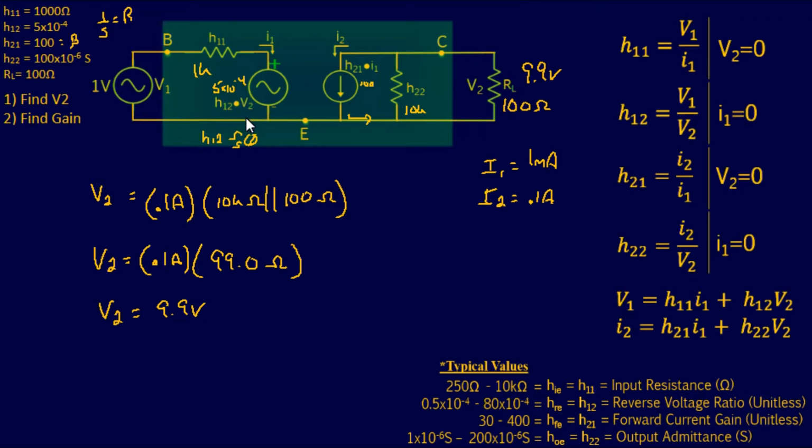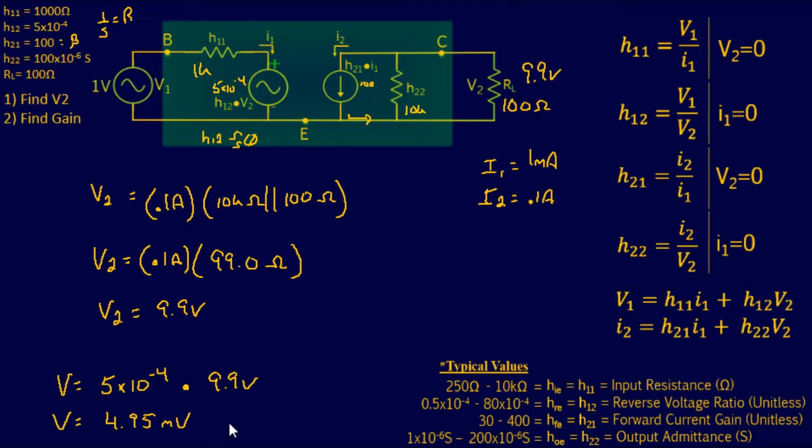Right now it says V2 times 5 times 10 to the negative 4 gives us our voltage ratio. So if we want to look for that, it would be 5 times 10 to the negative 4 multiplied times 9.9 volts, which would give us 4.95 millivolts.